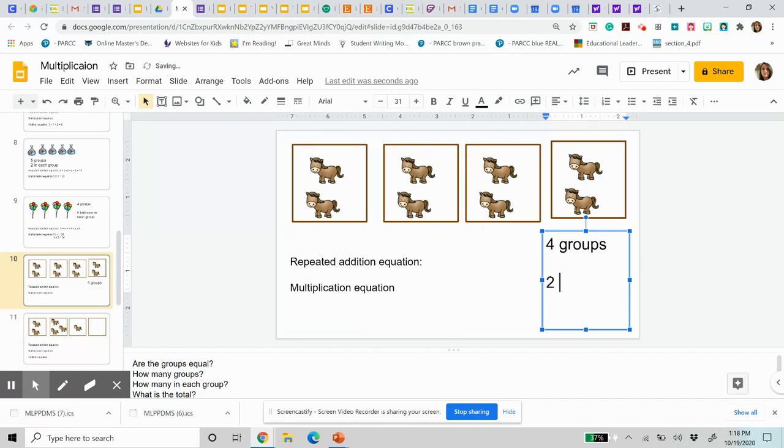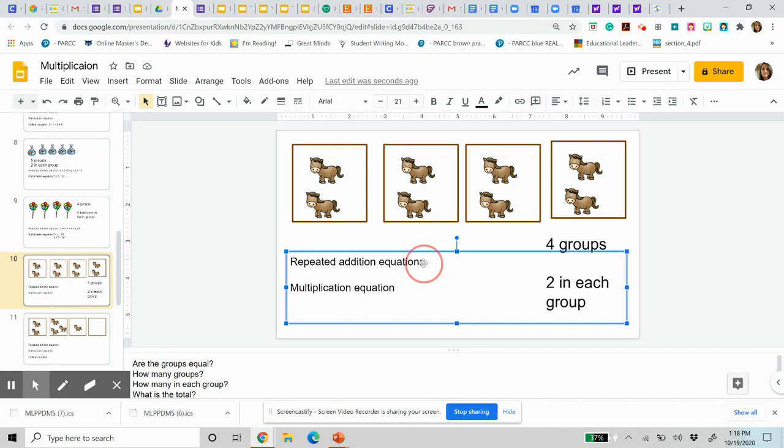Yep, right, so we have 2 in each group, right? So if I were going to write a repeated addition statement, I would have 2 plus 2 plus 2 plus 2, right? And again, we can count by 2s. 2, 4, 6, 8. If you weren't sure, 1, 2, 3, 4, 5, 6, 7, 8.